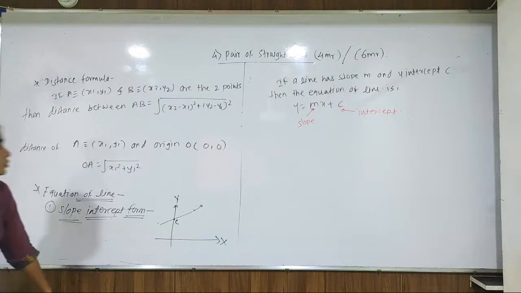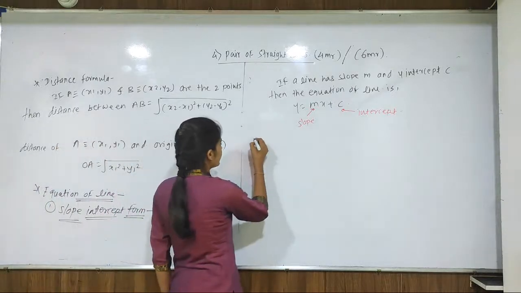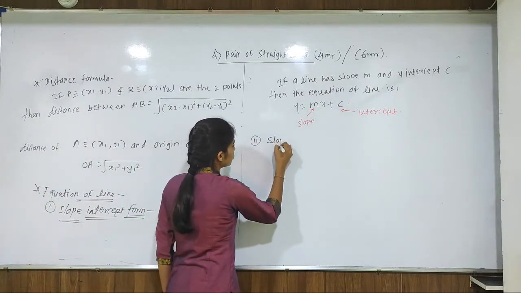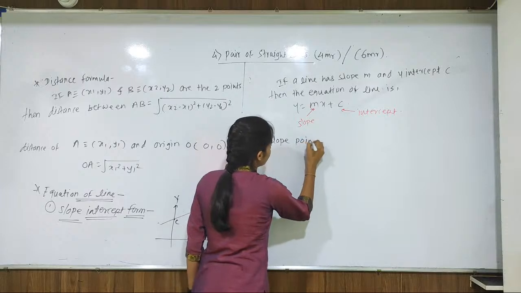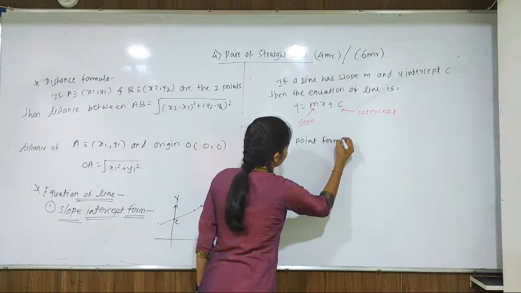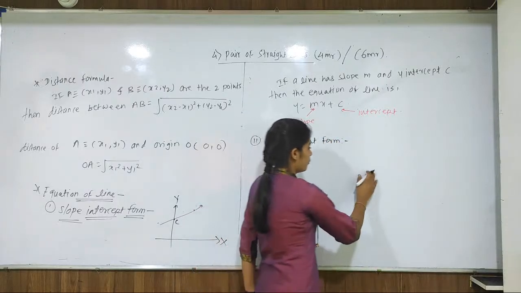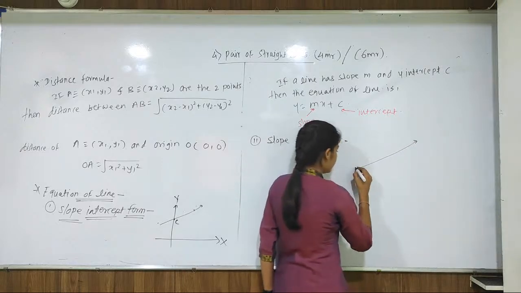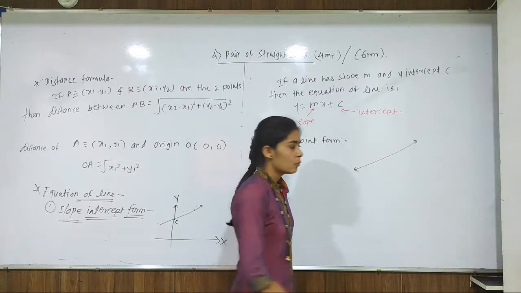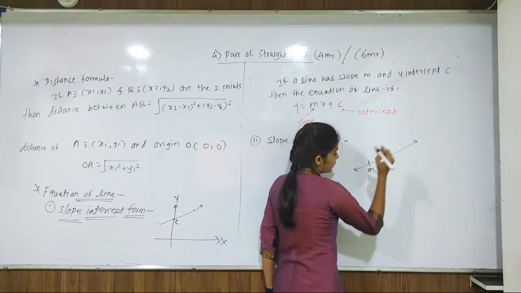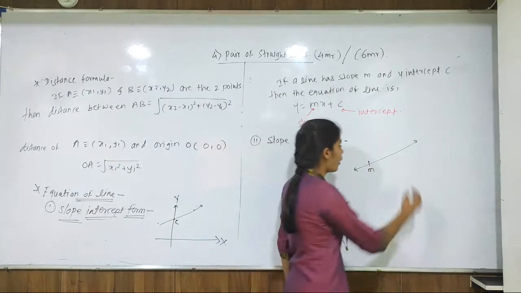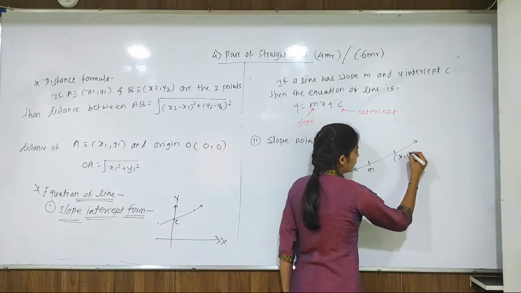Now next, slope point form. Second is slope point form. काय असेल मग? We have one straight line. On that straight line, slope is there and point is also there. Point is x1, y1.